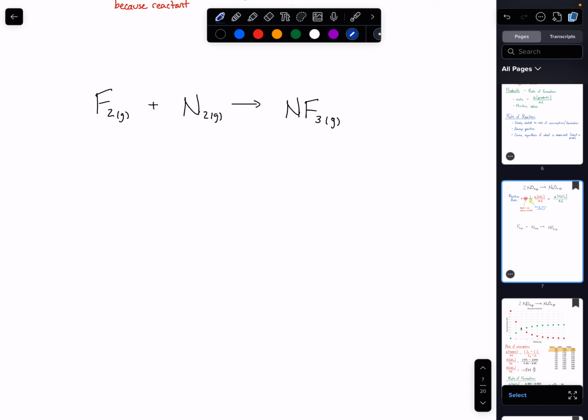And I want you to give me that expression for the rate of our reaction, first based on the rate of consumption of fluorine, but that should also be equal to if instead we measured the rate of formation of that nitrogen trifluoride.